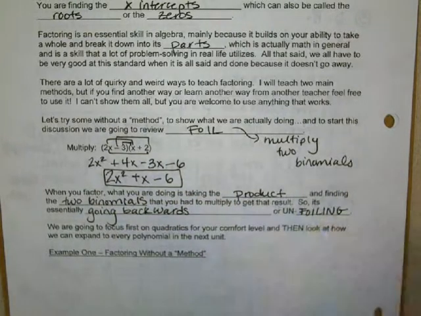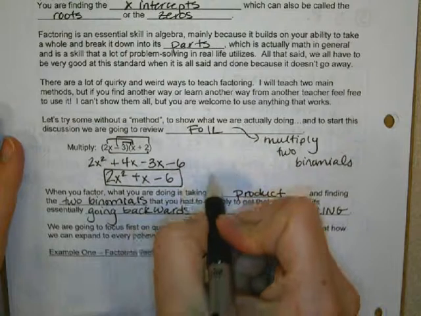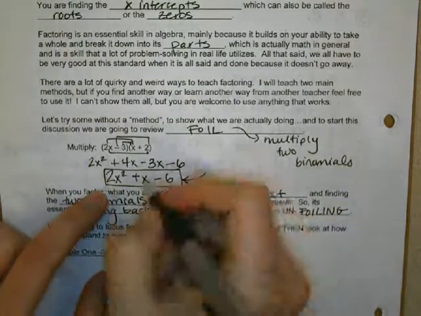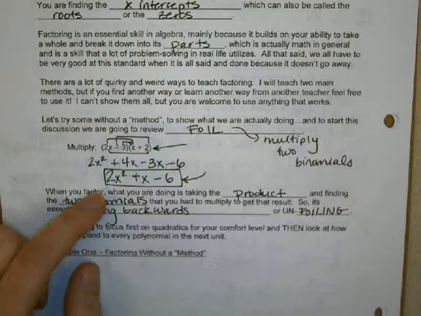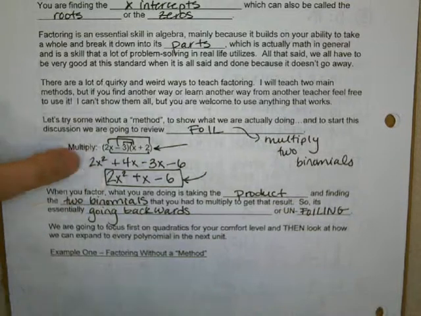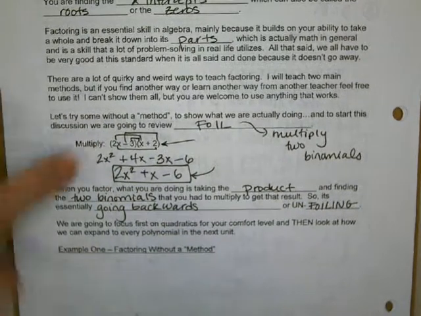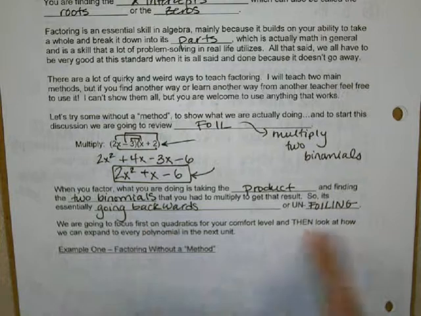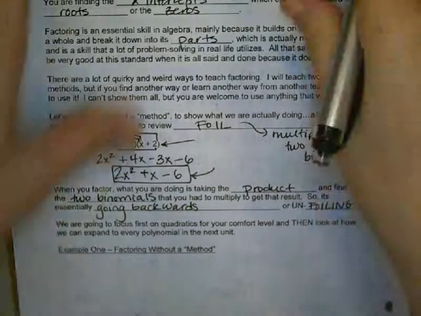So factoring is having something like that given to you, and this being your answer. You're going to be backing up the process to get from the answer to the parts that made it up. So we're going to first focus on quadratics for your comfort level, and then in the next unit we're going to look to expand to every polynomial.